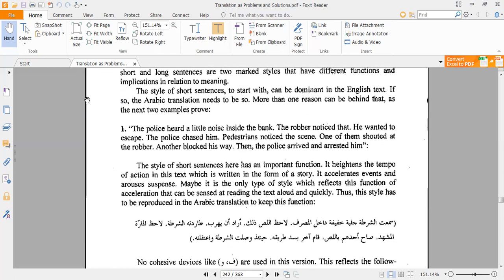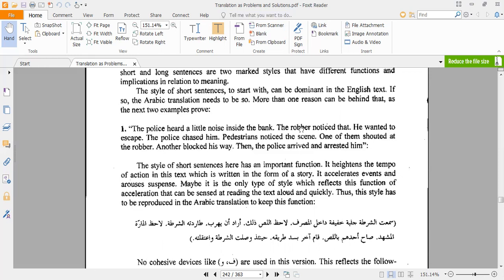Look at the first example. The police heard a little noise inside the bank. The robber noticed that. He wanted to escape. The police chased him. As you see, this short paragraph consists of several short sentences.